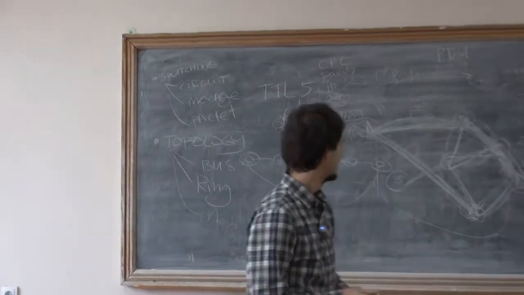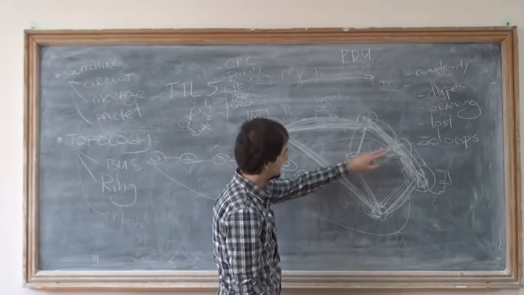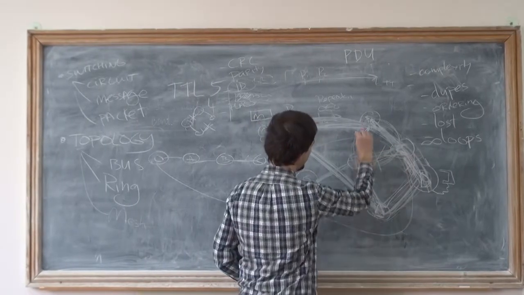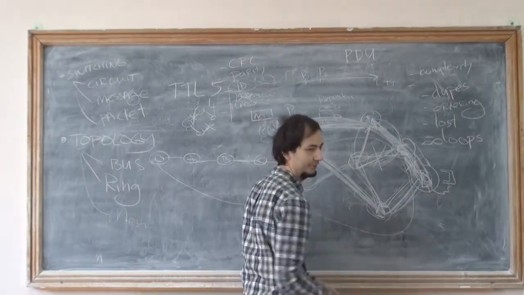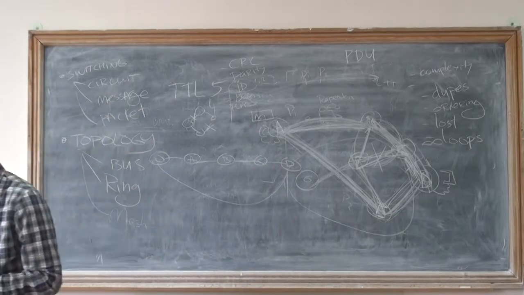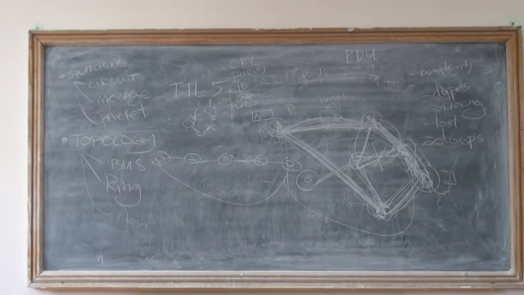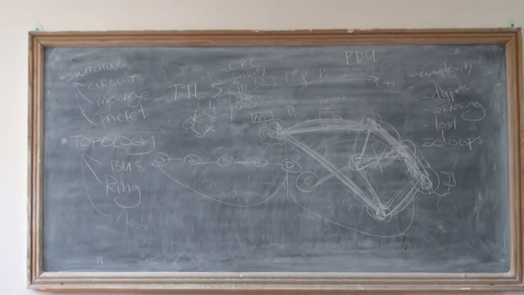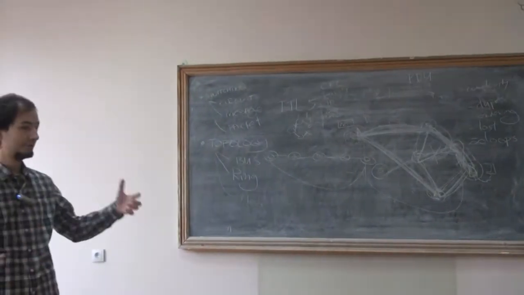Mm-hmm. So, for example, if this link breaks, this node can get to that one this way, that way, or this way. So there is even more redundancy. And that's an advantage. And the disadvantage, naturally, is that you have more wires, more bills to pay, more infrastructure to maintain.